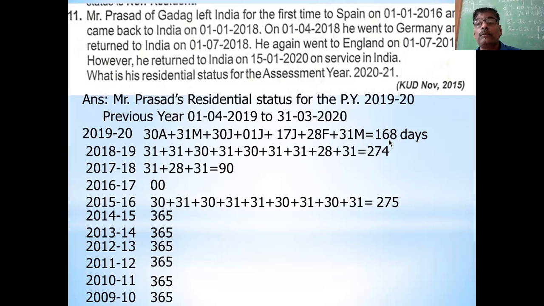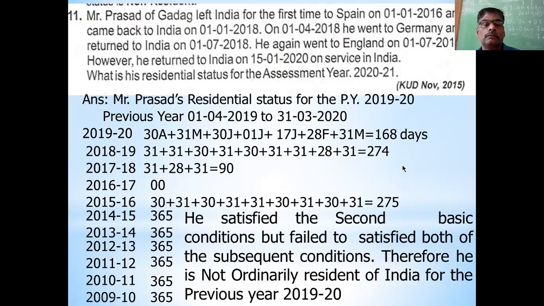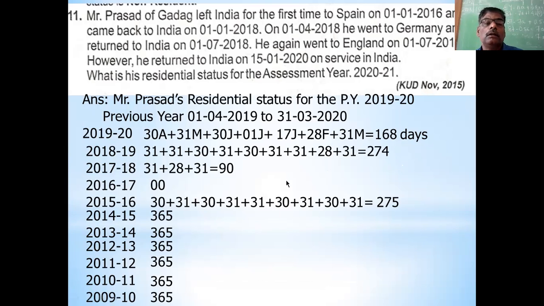Part satisfied. Second part, 365 days in 4 previous years. Total 4 previous years, 365 days. You see the 4, 1, 2, 3, 4. In these 4 years, he should be in India for 365 days or more.